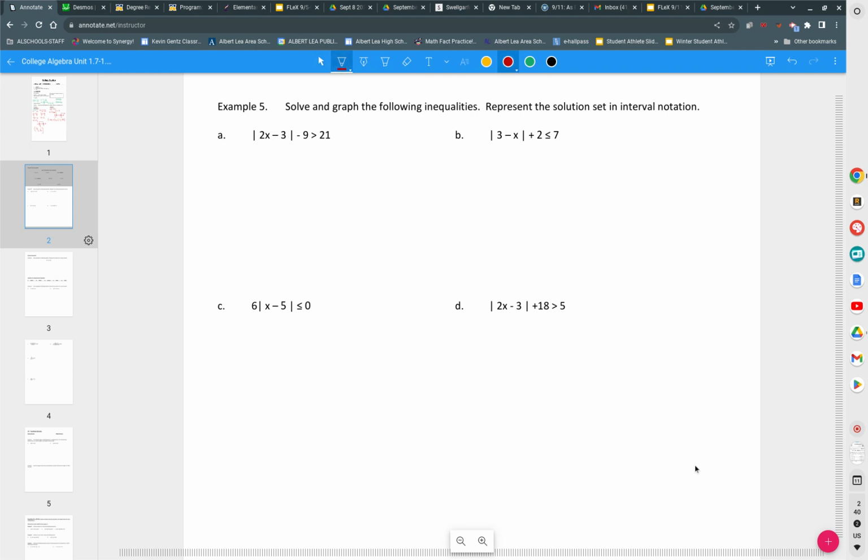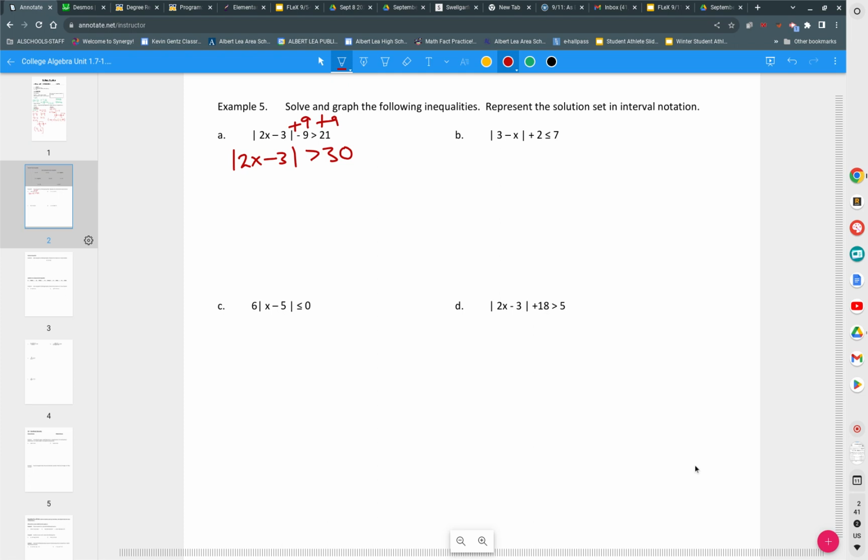Before we talk about some of the rules of the absolute value inequalities, we're going to do a couple together, because I know that this is somewhat familiar to you. How would you start letter A if you didn't know what you were doing? Just add that 9 to both sides, and we get the absolute value of 2x minus 3 is greater than 30. Great. Absolute value means I set up how many?